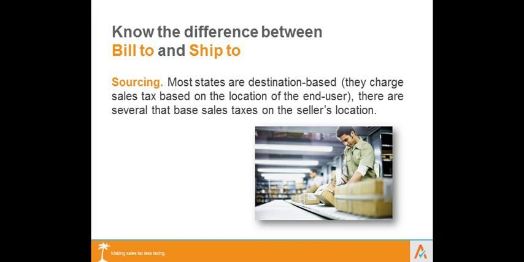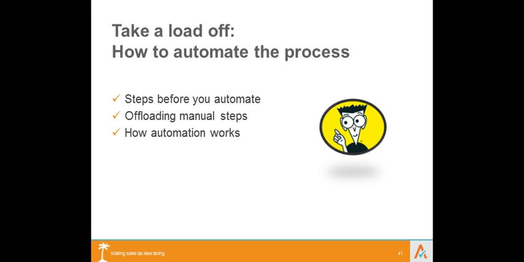There are some states like Illinois and I believe Missouri that still have origin sourcing, where you base the tax not on where your customer is, but where you are as a business. And that certainly applies to in-state transactions. One of the things I want to point out here is that from an out-of-state transaction perspective, if you're a remote seller shipping across state lines, it is uniform that you always use the destination or the ship-to address to make the taxing determination.